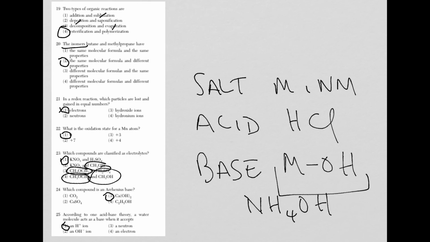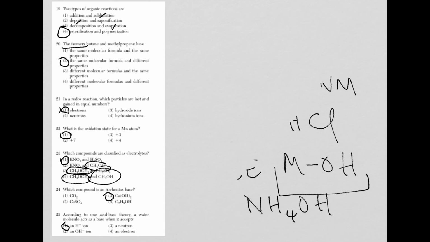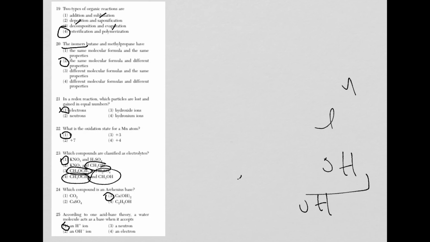And then finally in 25, according to one acid-base theory, water molecule acts as a base when it accepts. Again, for Arrhenius' theory, Arrhenius said an acid produces hydrogen ions in solution and a base hydroxide. Salts don't produce either. They produce ions, but no OH or H+.